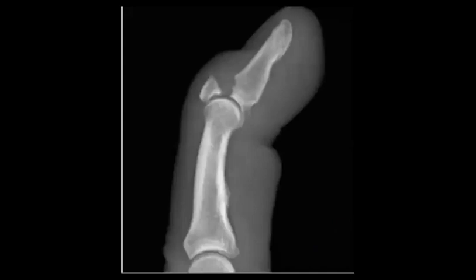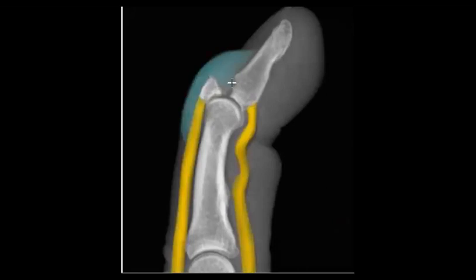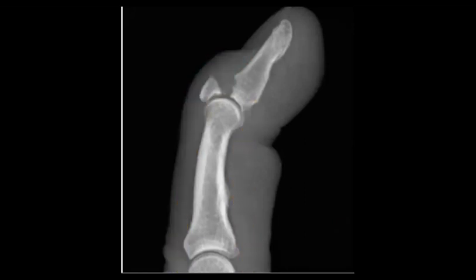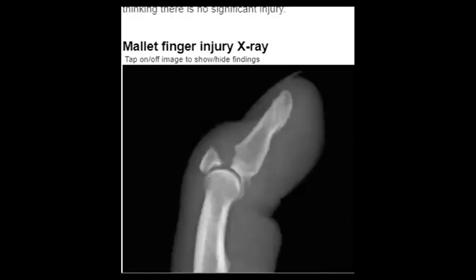They like also to show you something like this, which is called mallet finger injury. Yes, like here, dorsal avulsion of the distal phalanx base, and sure that the soft tissue is affected here. So this is what is called mallet finger injury.